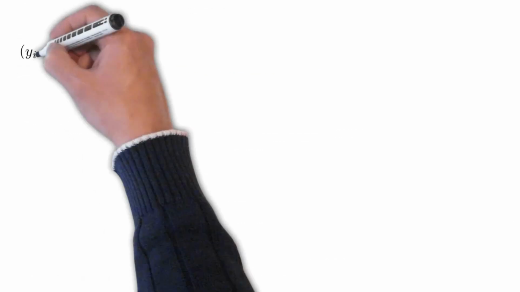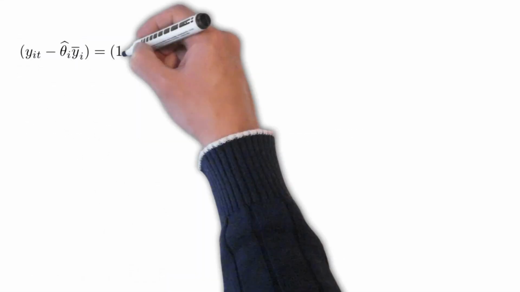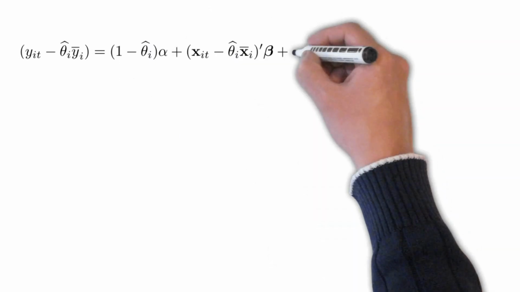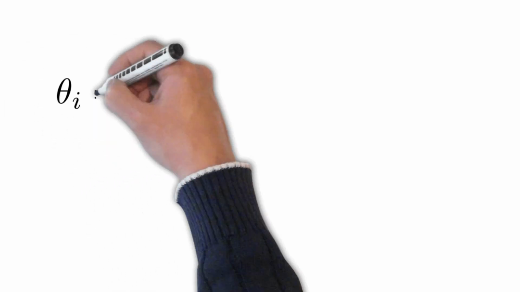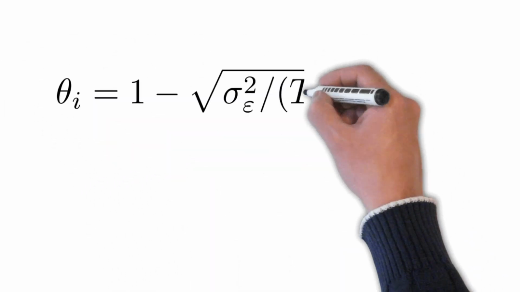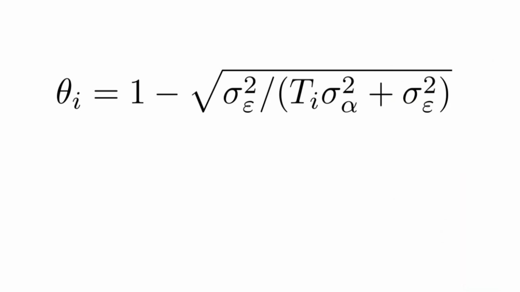The random effect estimator can be obtained by OLS estimation in the transformed model like this, where theta can be calculated using this formula. When theta approaches 0, it's the pooled OLS estimator.